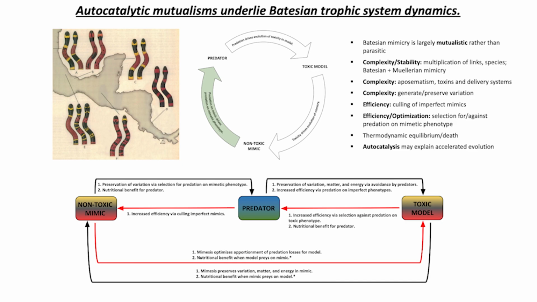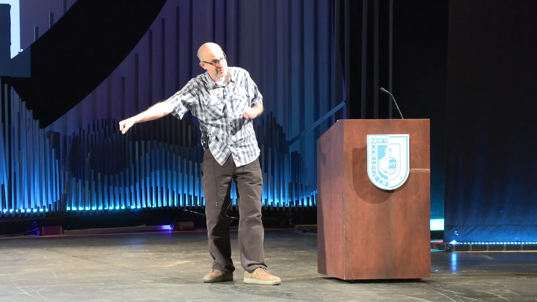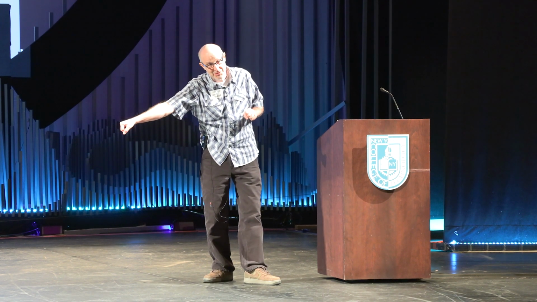And specifically what it is: when predators feed on mimics, when the predators eat the mimics, they're not toxic, that results in selection for predation on that mimetic phenotype. That keeps the predators feeding on the models.